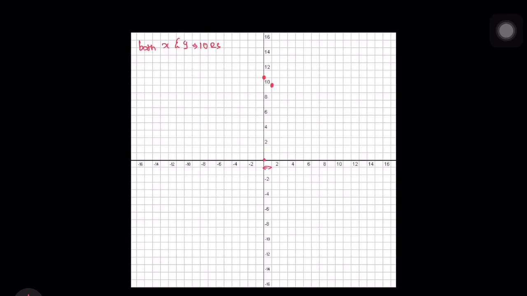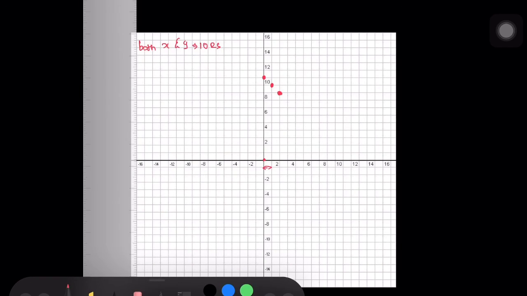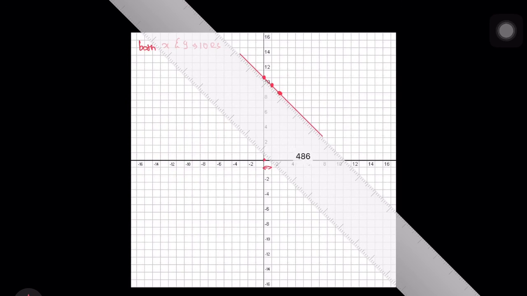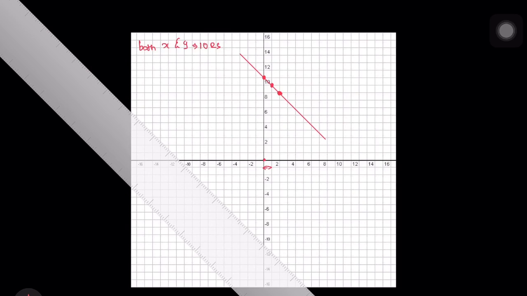The next condition, x spending 20, that means 2 units, y needs to spend 80. So this position. Now we connect the line. This is the line drawn for the given linear equation, which is x plus y is equal to 100. Thank you.